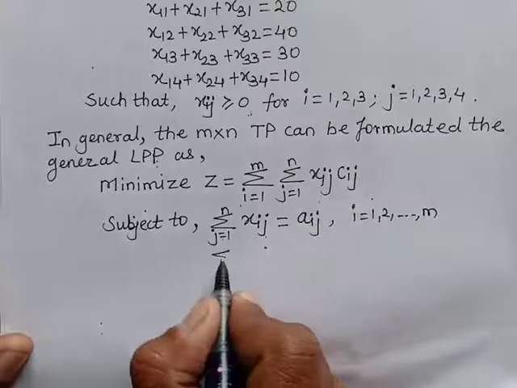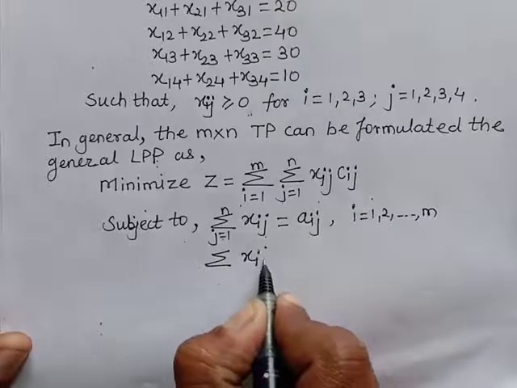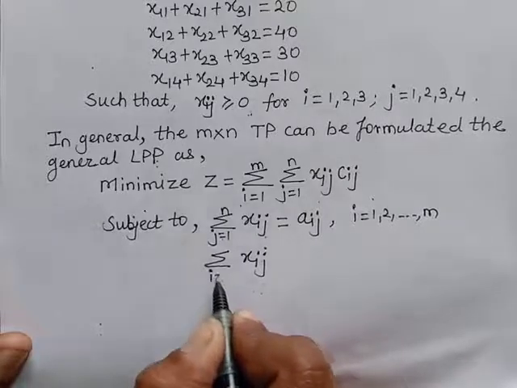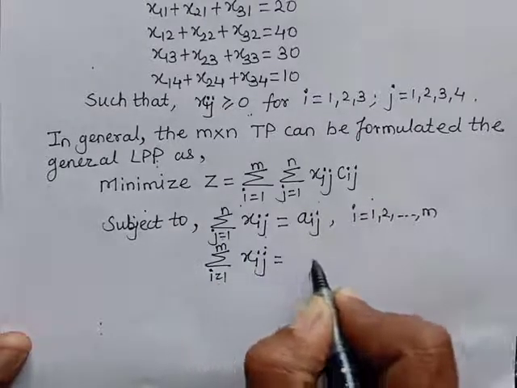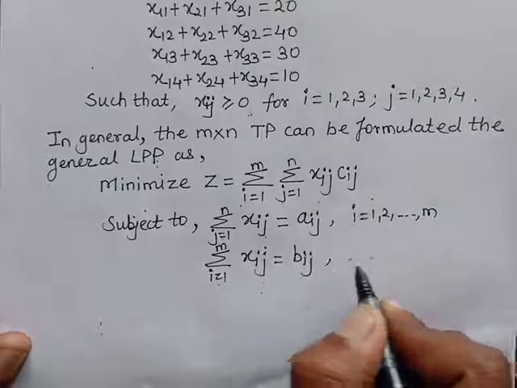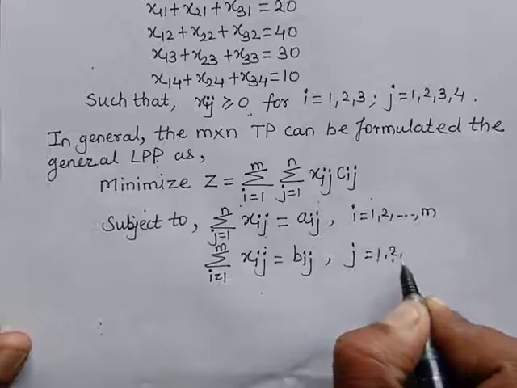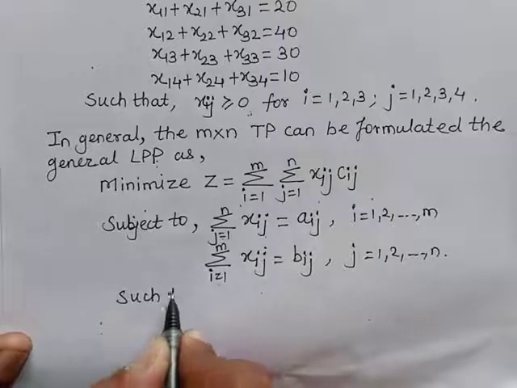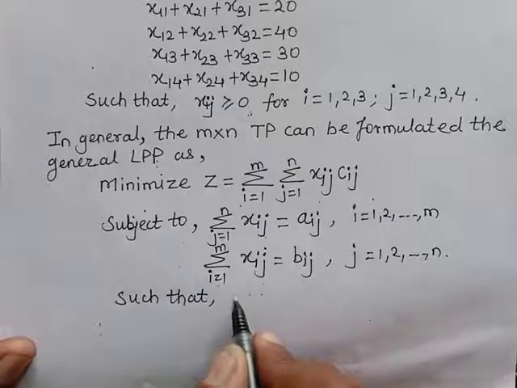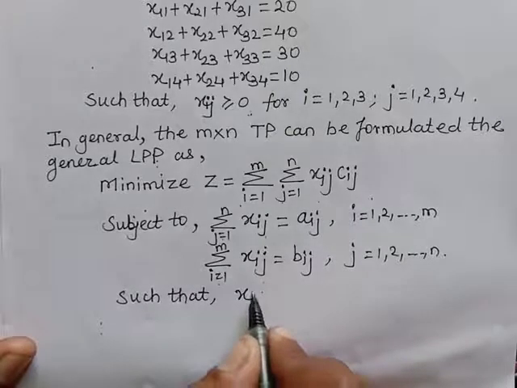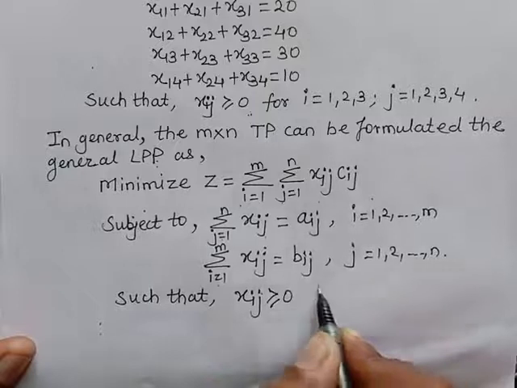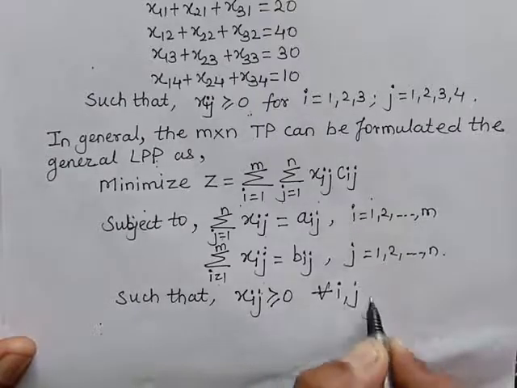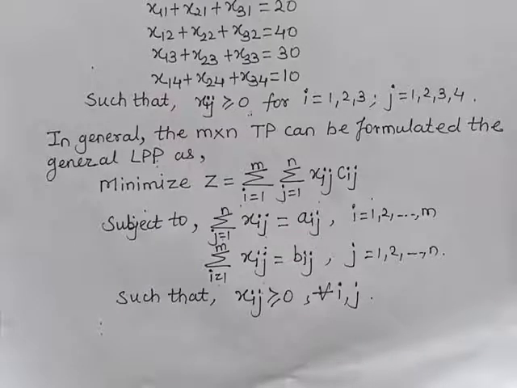Again, summation xij, here i from 1 to m, equal to bj, j from 1 to n. Such that all xij are greater than or equal to 0 for all i, j. So this is the general form of the transportation problem as an LPP.